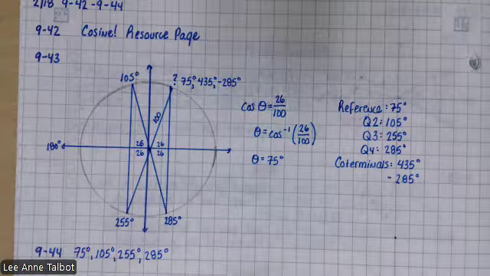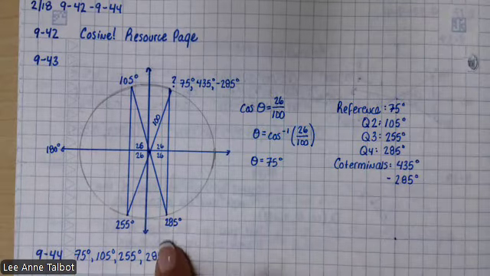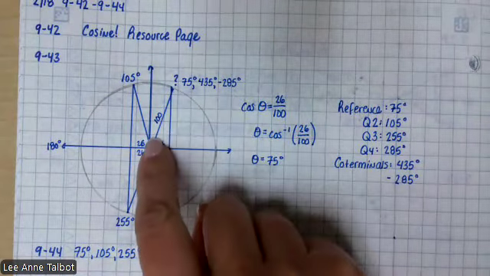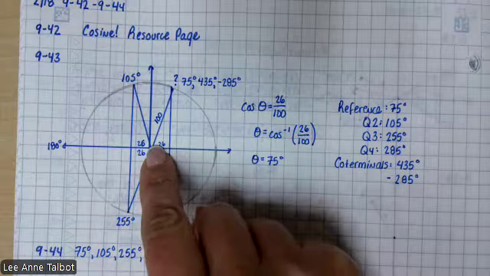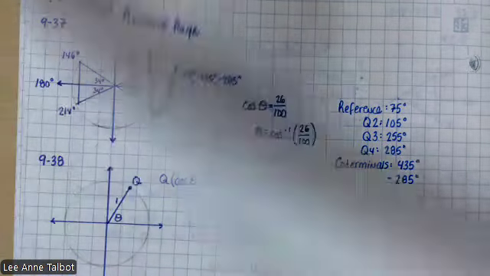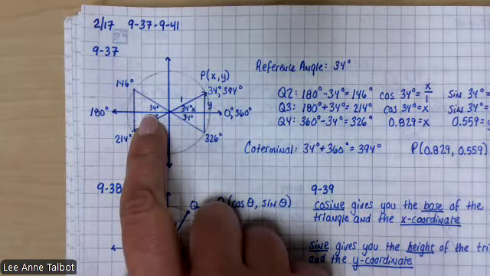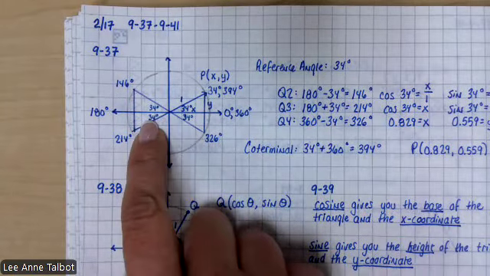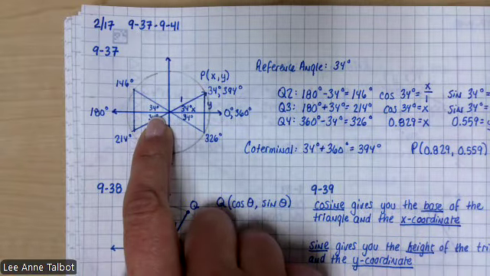Do you guys know what the reference angle is before we move on? It's the quadrant 1 angle in between the hypotenuse and the x-axis. So it would be the angle in your bow tie. Reference angle in this one is 34 because those are all 34 degrees from the x-axis.